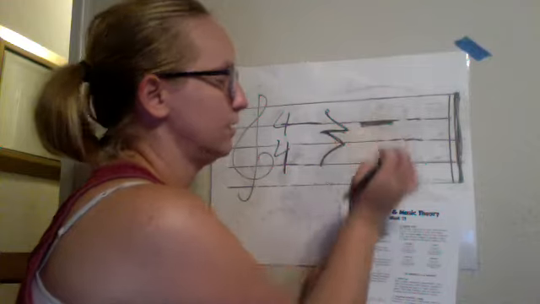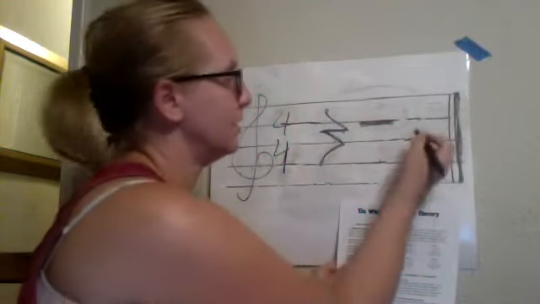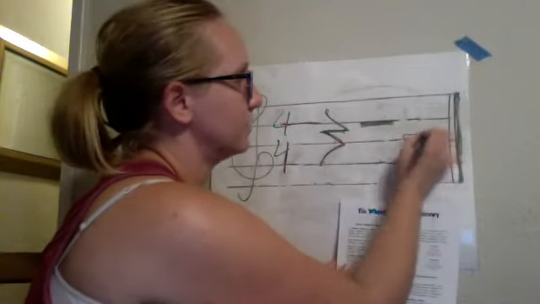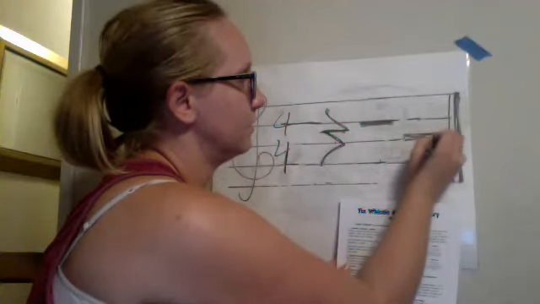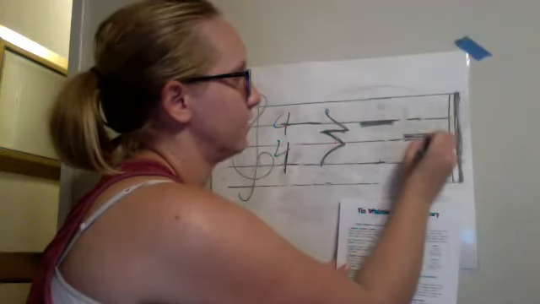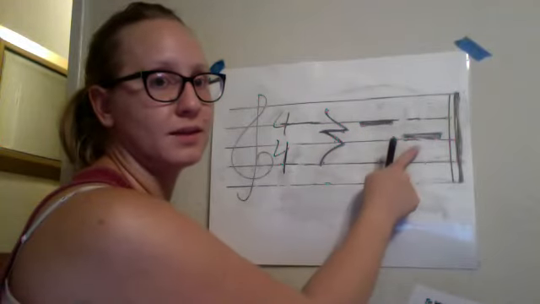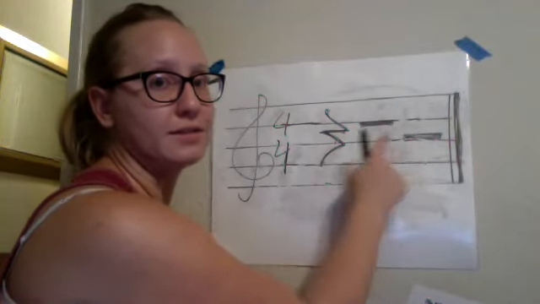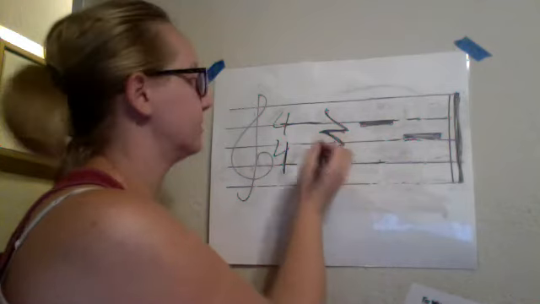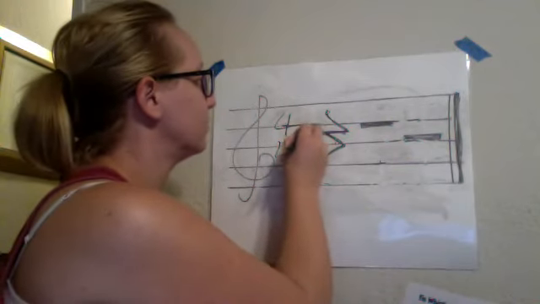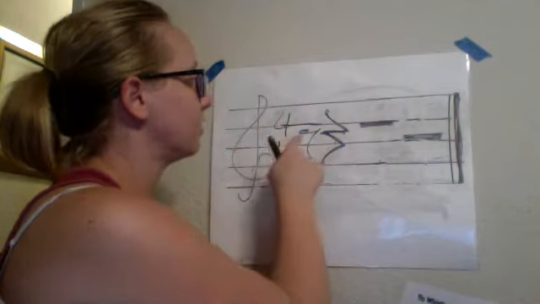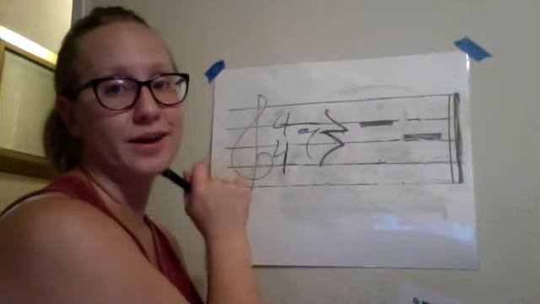Okay, that's a whole rest. 4 beats for that rest. Here's a half rest. It sits on top of that line. Okay, that's a half rest. So that gets 2 beats. This gets 1 beat, this gets 4 beats, this gets 2 beats. Half rest, whole rest, quarter rest, and just so you don't forget what the little eighth rest looks like, that's a half of a rest, so a half a beat.